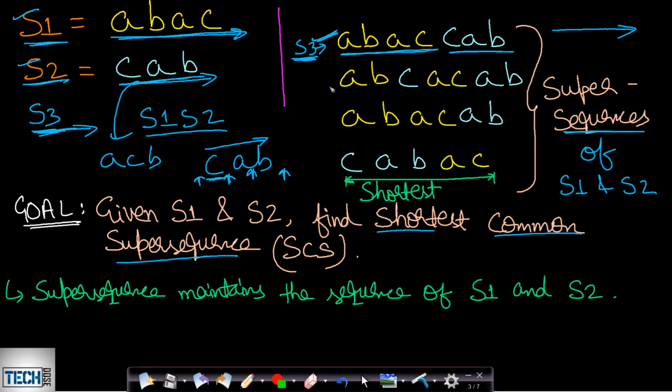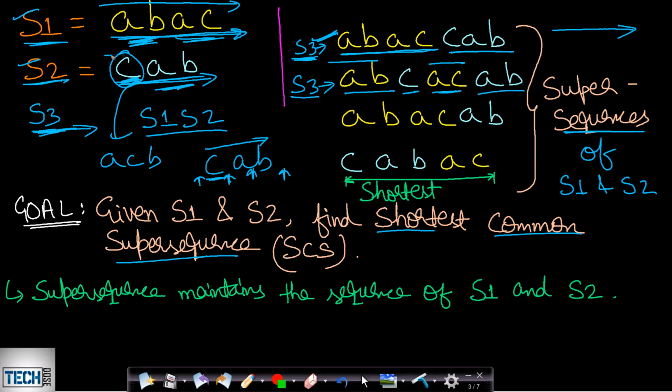Now another supersequence can be if you take this AB and make it interleaving with one character of this S2, let's say it is C, and then you take these last two characters AC and put it here, and then you take these last two characters AB and put it here. Now this string S3 will also be a supersequence, because if you take the subsequence of this string S1 in this string S3, then this entire string will be present as a subsequence, which is nothing but this AB and this AC, right?